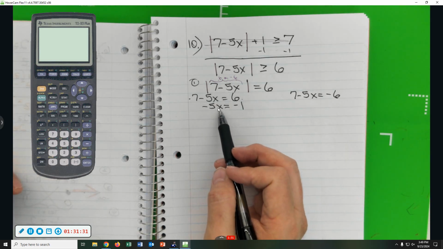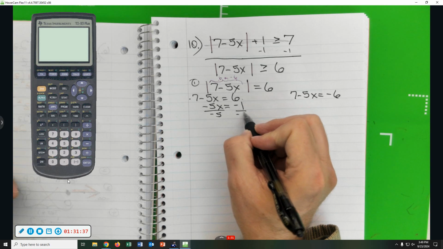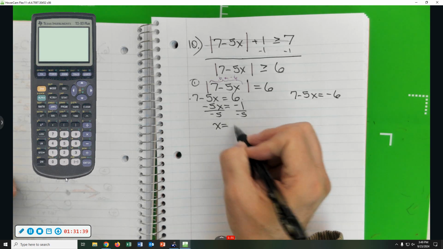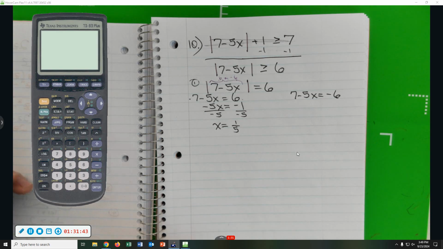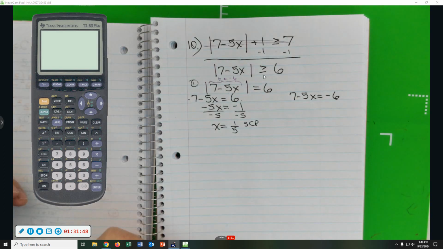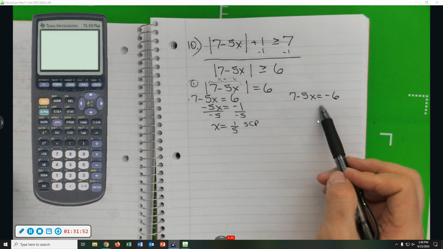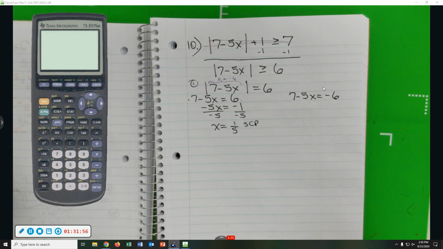What am I going to do to get the x by itself here? Divide by negative 5. That gives me x equals, negative divided by negative is a positive, 1/5. For my first solution cut point. Now solve this one. Subtract 7 from both sides.